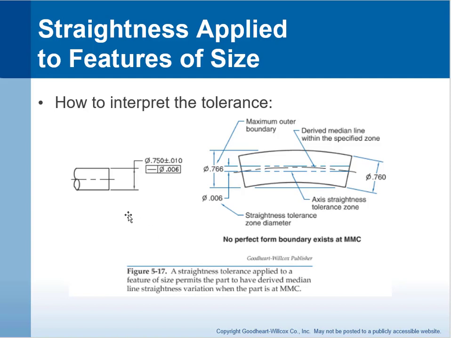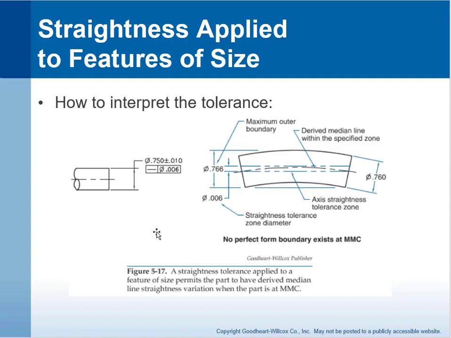How to interpret that tolerance? We have 750 plus 10, that's 760. That's our maximum material condition. But we also have the straightness of 6 thousandths. So we add those three together, the 750 plus the 10 plus the 6, and that gives us a diameter of 766.